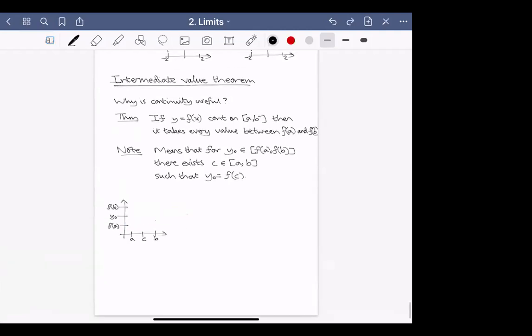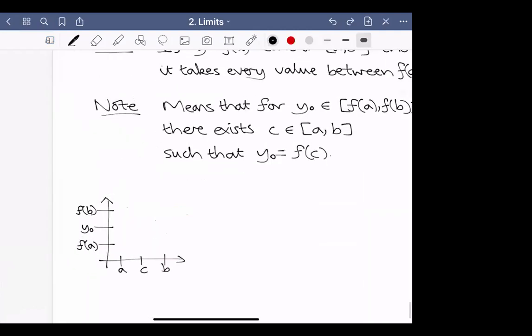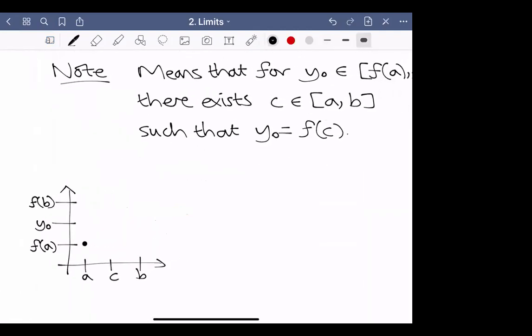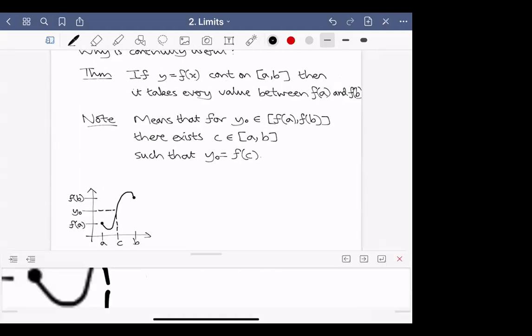So we're starting there and ending up there, and we can go any way we like between the two, but the theorem says that if you choose any y0, then there will be a c such that the value at c is y0.